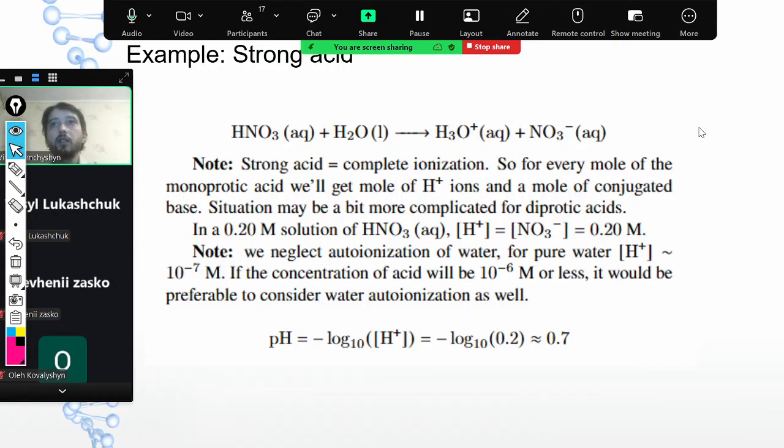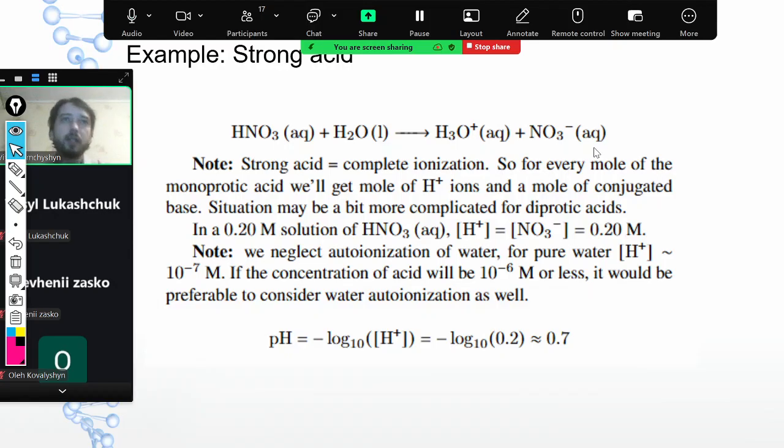This means that for every mole of this acid, we will get 1 mole of H3O plus, because it fully dissociates. So however much you have added, you get the same amount of H pluses. And of course you will have the same amount of conjugate base.